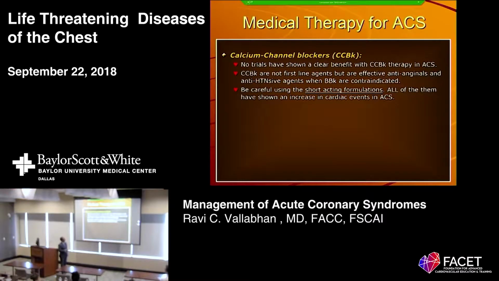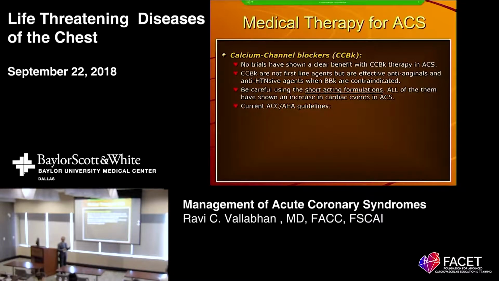Calcium channel blockers, all you have to remember is that they're second line for patients who don't tolerate beta blockers, primarily because of reactive airway disease, which is the most common reason. They're really second line agents, but it's not something that you cannot use.